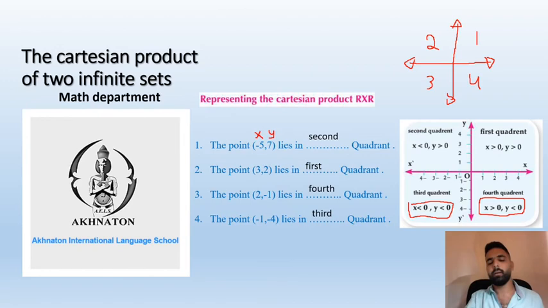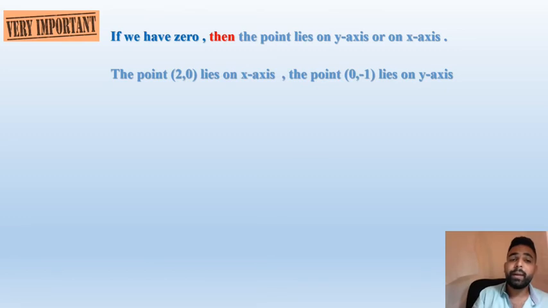But what if we have 0? 0 is neither positive nor negative. So if we have 0, then the point lies on the y-axis or on the x-axis. For example, the point (2, 0) lies on the x-axis, because y here is 0.